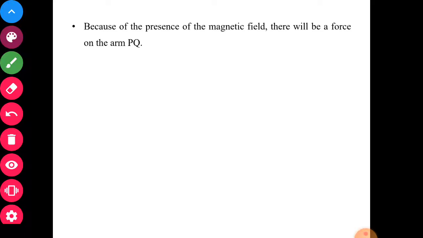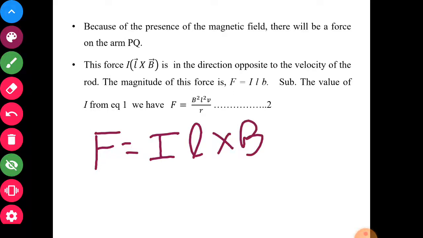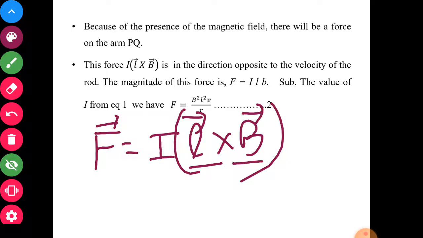Now, because of the presence of magnetic field, there will be a force on this PQ arm. The force on a current carrying conductor is given by IL cross B. Now, the length and magnetic field are perpendicular to each other, so the force will be ILB in magnitude.